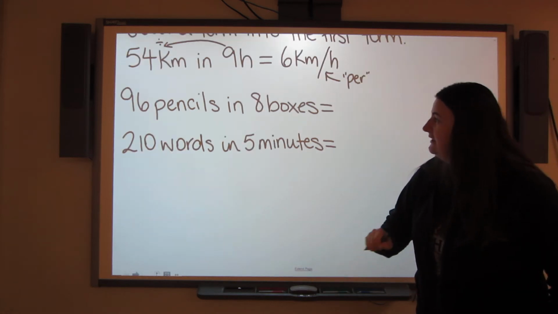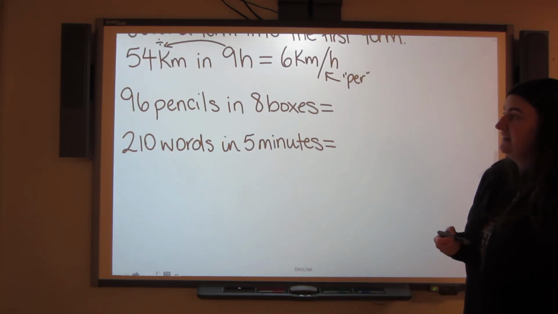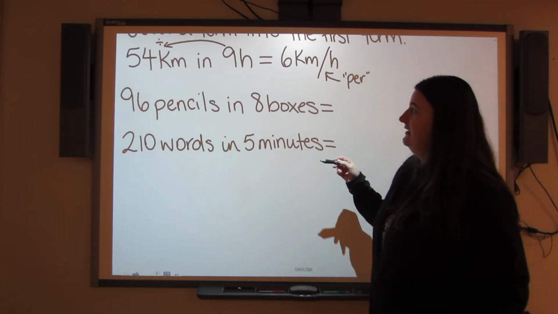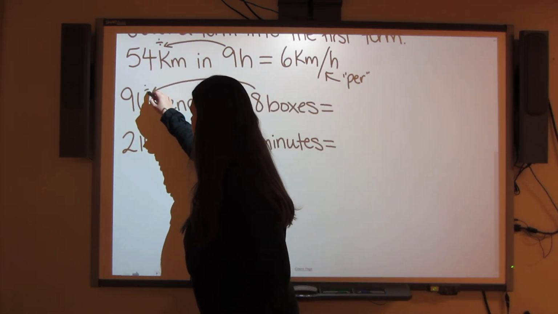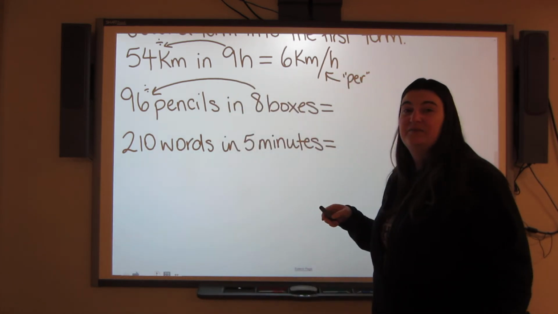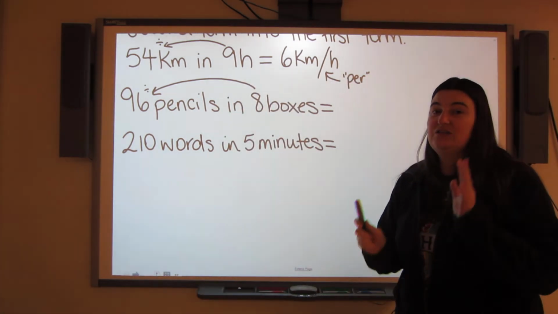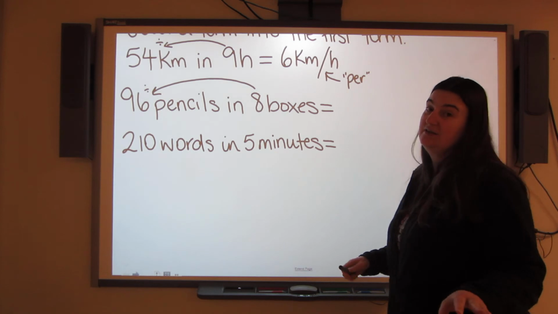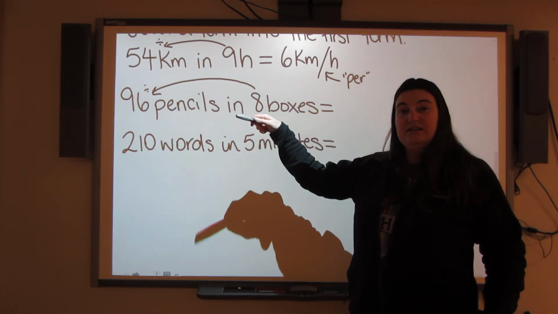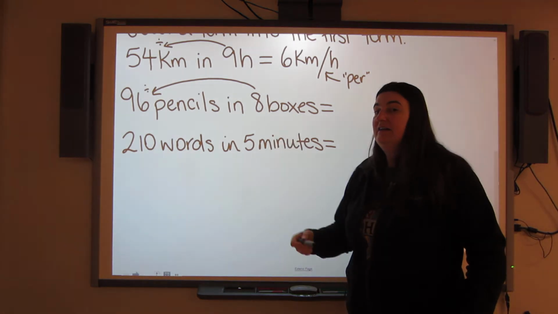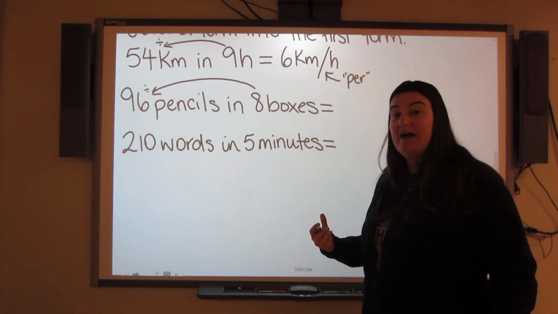I've got 96 pencils in 8 boxes. Again, I'm going to take my 8 and divide it into 96. So you look down your 8s. Use your multiplication chart. Please don't guess. Look down your 8s until you get to 96. Look to the side. You should find the answer is 12.